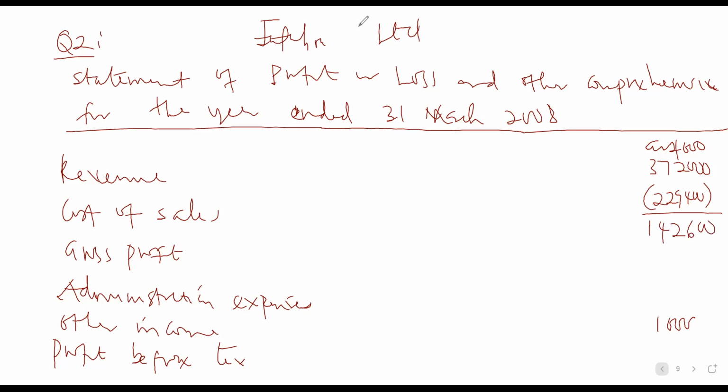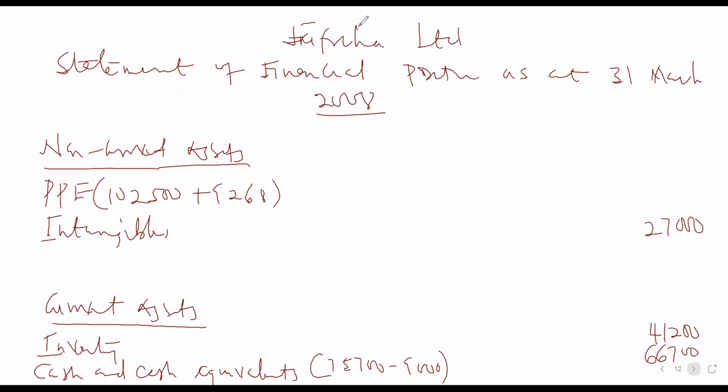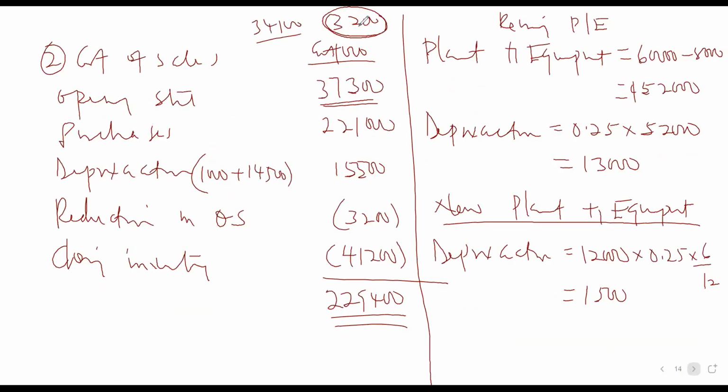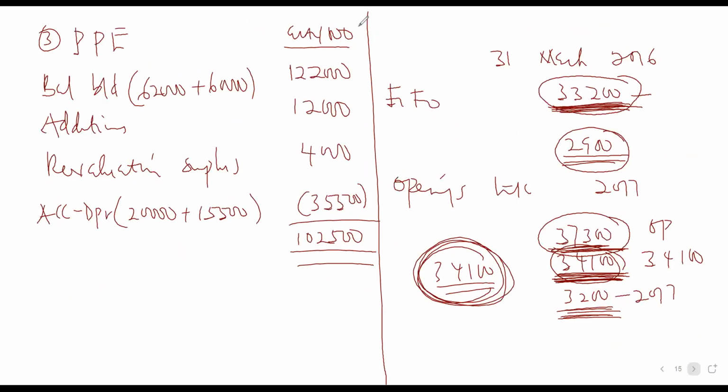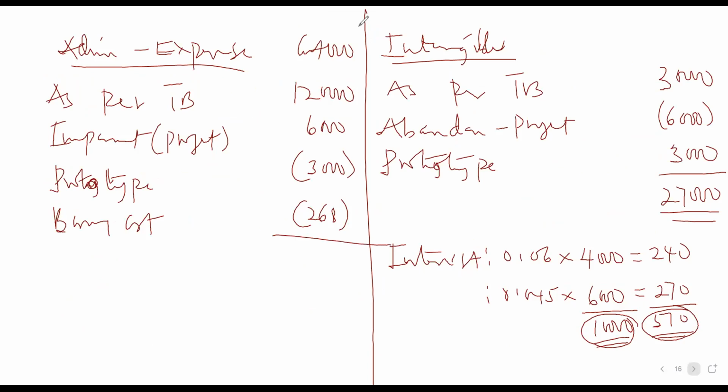Okay, so this will be maybe workings 2. So let's come to administrative expenses, workings 4. So let's go and put our administrative expenses together. That will be 120,000 plus 6,000 minus 3,268.